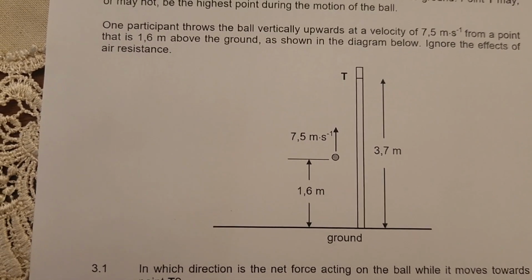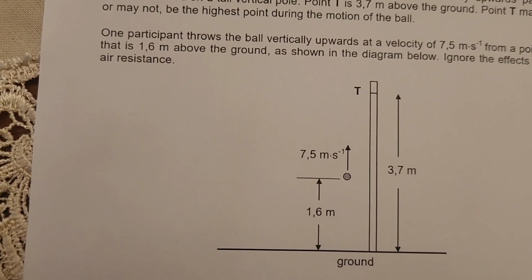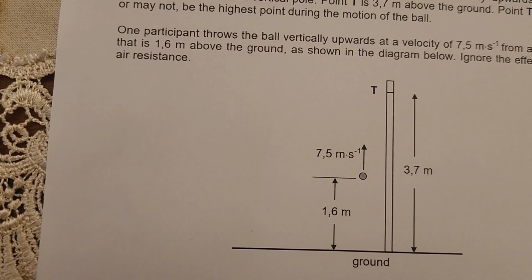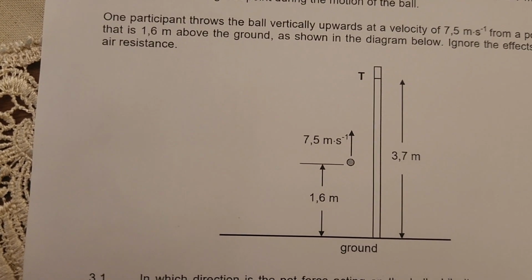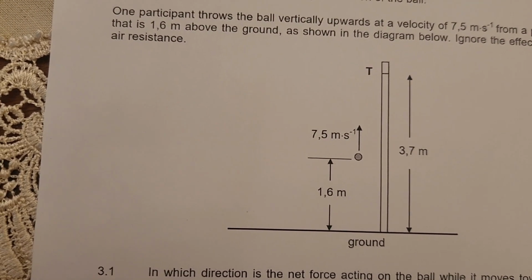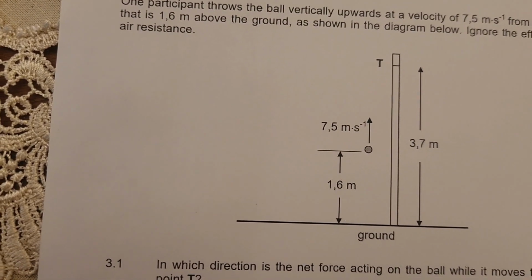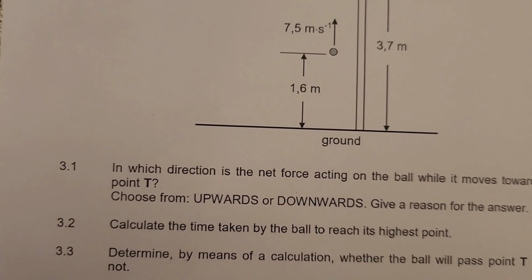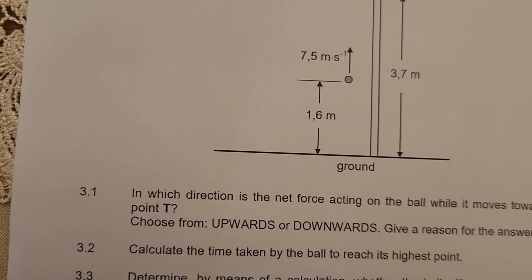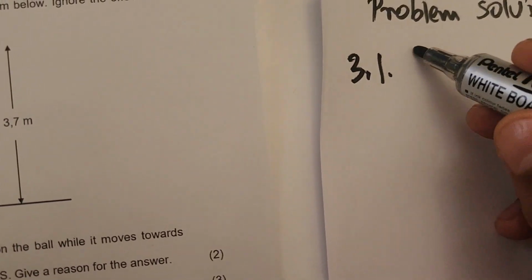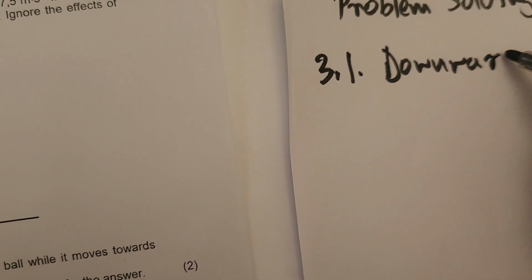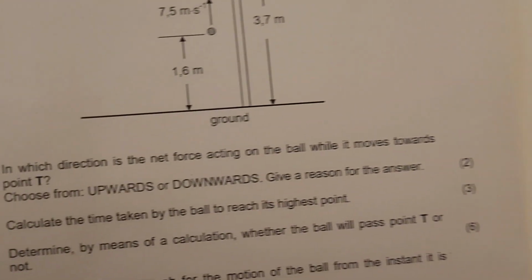Remember we said once we ignore the effects of air resistance, the only force acting on the projectile will be the weight, which is the gravitational force. Therefore, that is our net force in that case. Therefore, the net force would be downwards. So that is 3.1. It will be downwards because the only force acting on the projectile will be the weight.